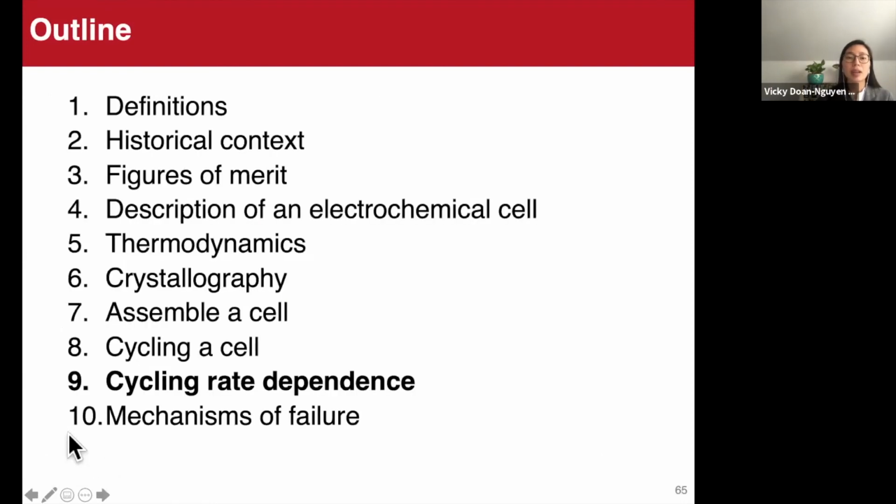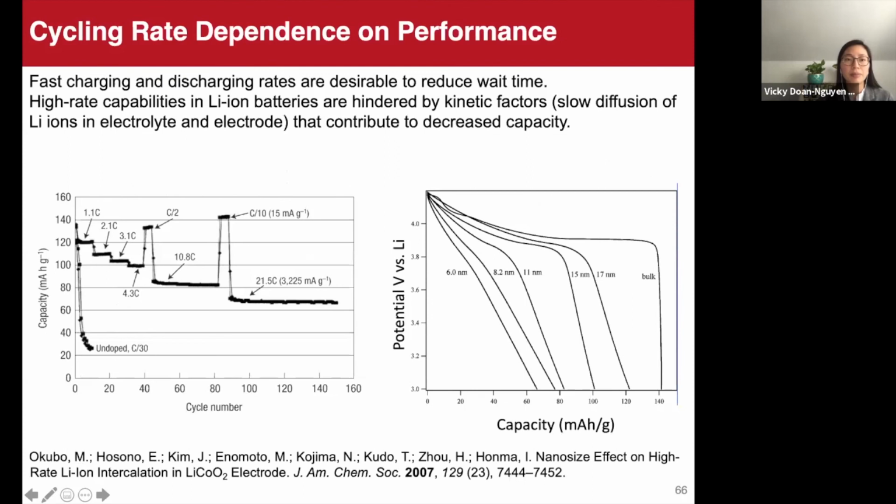Okay, section 9, cycling rate dependence. While we all desire to charge faster and discharge faster, right, transporting lithium ions faster to reduce wait time for a device to charge and discharge, the high rate capabilities of lithium ion batteries are really hindered by kinetic factors, such as slow diffusion of the lithium ions in the electrolyte and the electrode.